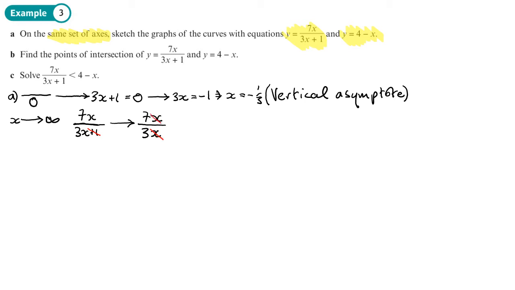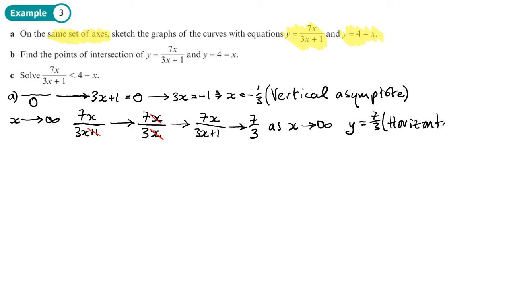So I'll write it down like this: 7x over 3x plus 1 tends to 7 over 3 as x tends to infinity. So what that means is we have a horizontal asymptote at y equals 7 over 3.